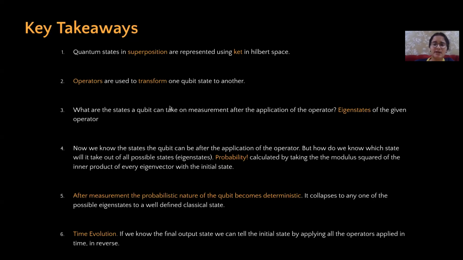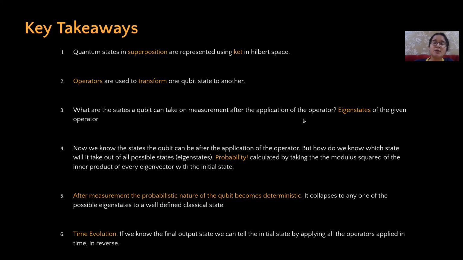Now, if we have done that and we want to measure the operator, then the possible results that we'll get are basically the eigenstates of that particular operator. Because we were taking the Z operator as an example in the whole video, the eigenstates are ket 0 and ket 1. So now we know that we can represent a qubit, we can transform it. If we measure it, then it will collapse into 2 given states, ket 0 and ket 1.